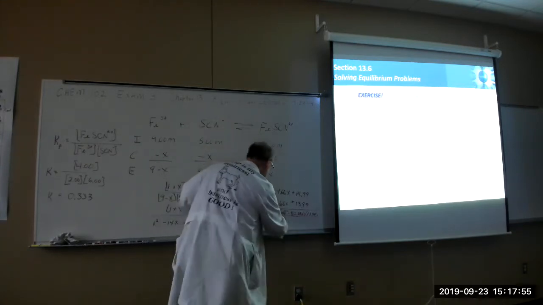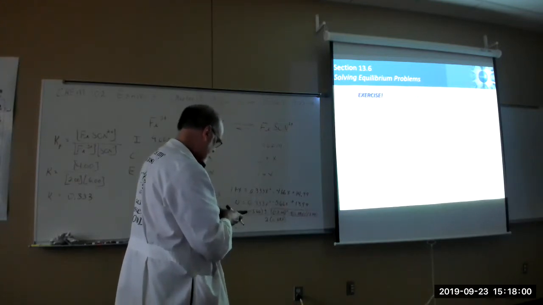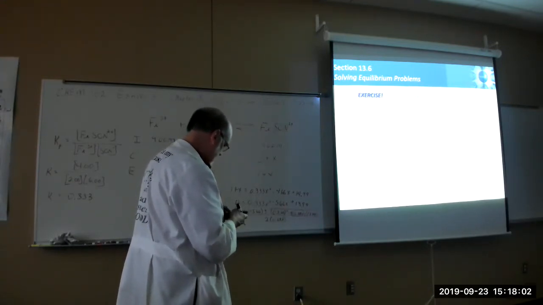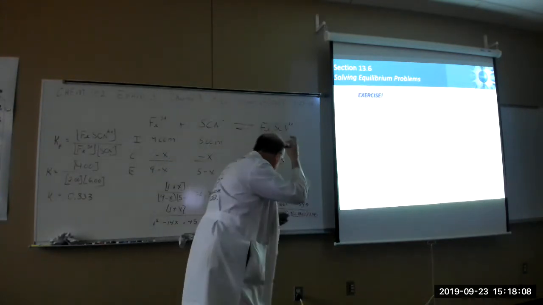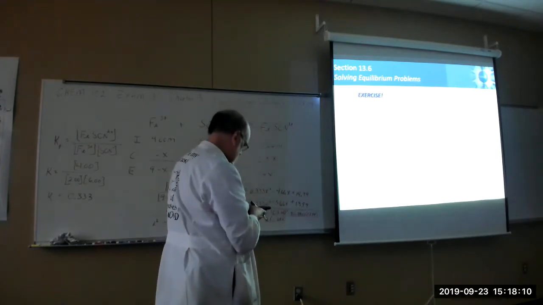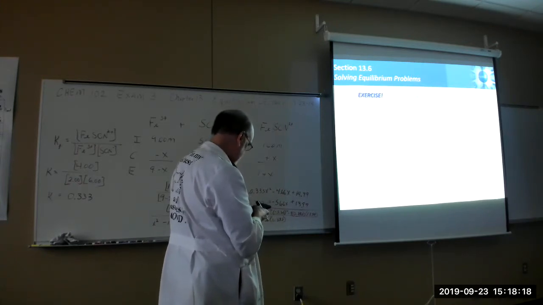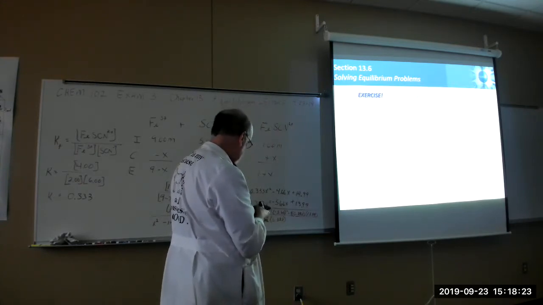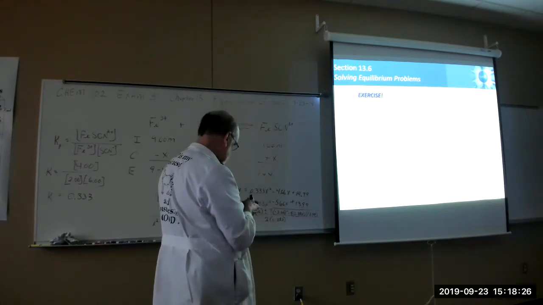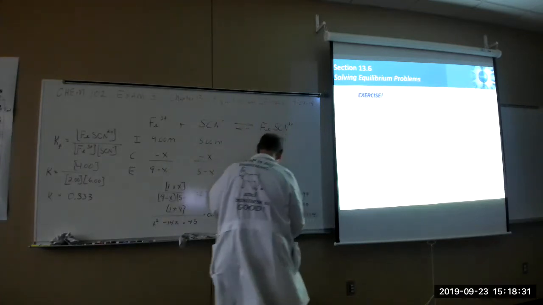All right, so what is this square root expression? So 5.66 squared is 32.04, and then minus 4 times 0.333 times 13.99, subtract that, and then take the square root. Okay, so this whole expression here is 3.66.